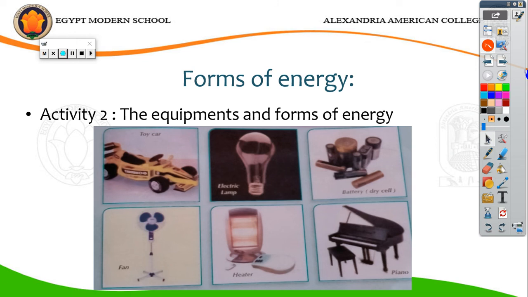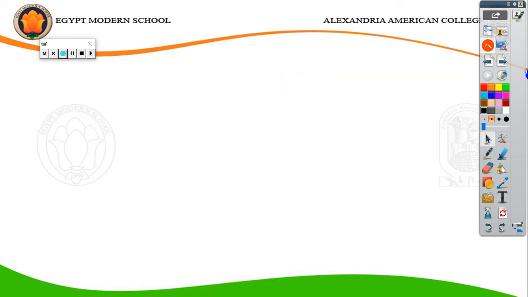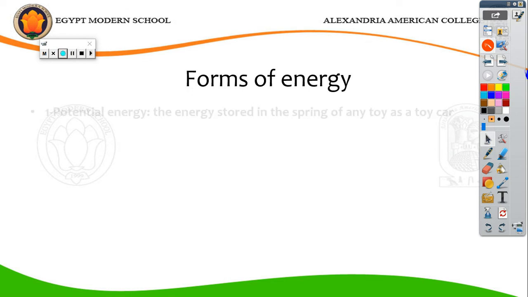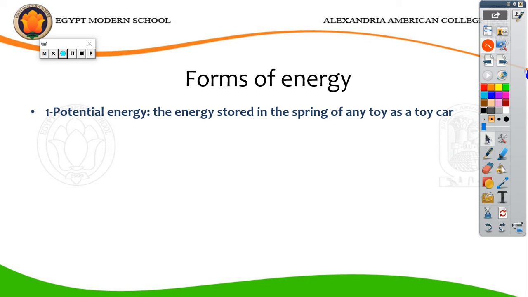Activity 2. The equipment and forms of energy. Look with me. Forms of energy. Number 1, potential energy. What is potential energy? Potential energy means the energy stored in something, like the spring of a toy car.